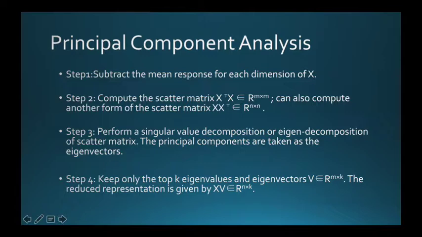And then we apply eigendecomposition on the scatter matrix, get the eigenvectors and the eigenvalues. The principal components are taken as eigenvectors. Then we keep only the top k eigenvalues and eigenvectors. The reduced representation is given by the formula. In this case, the dimensionality of our image is decreased to k.